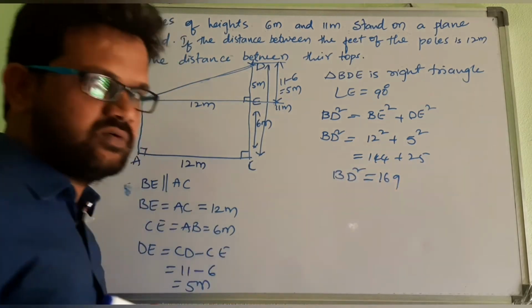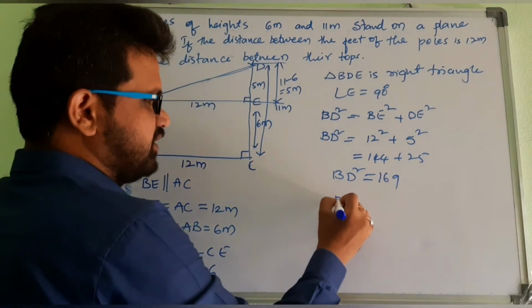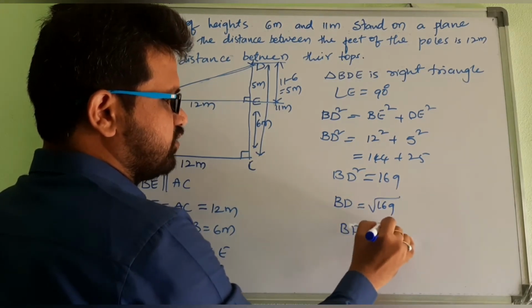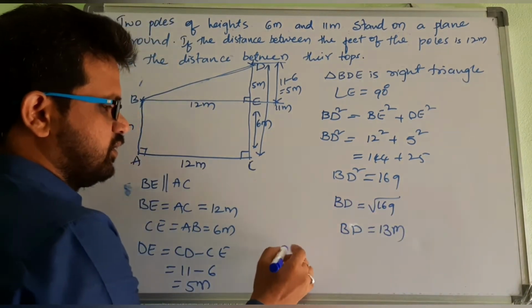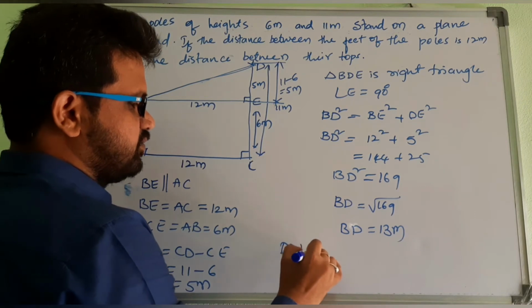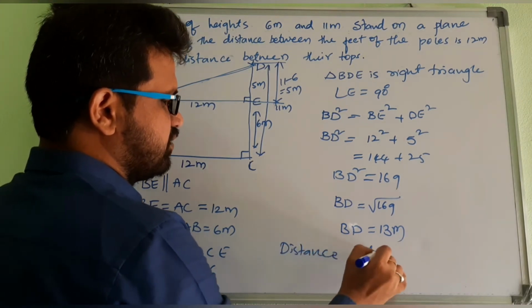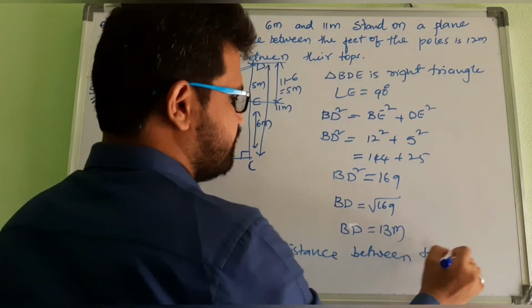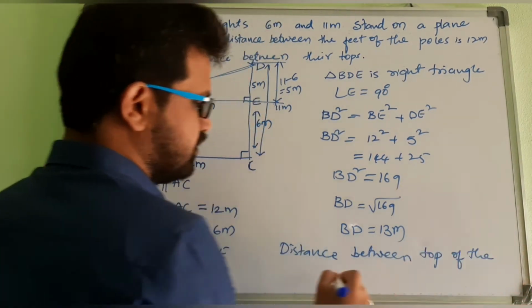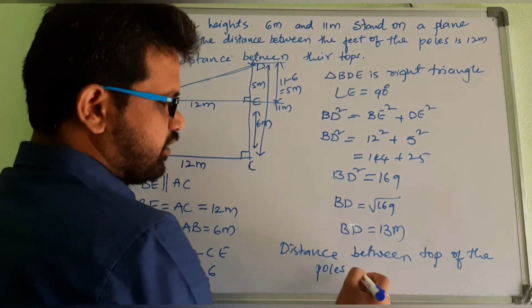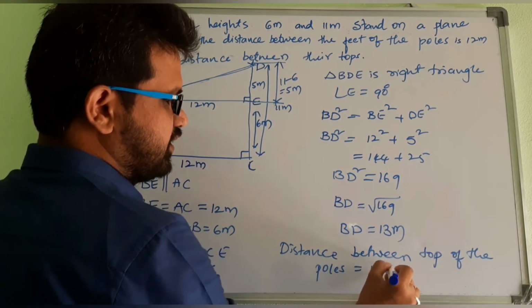BD square is equal to 169. BD is equal to the square root of 169. So BD is equal to 13 meters. So the distance between the tops of the poles is equal to 13 meters.